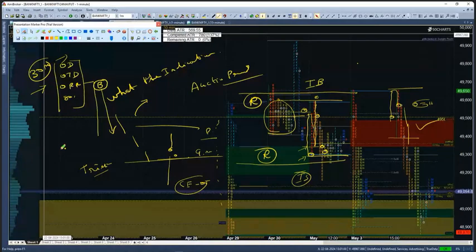So you mean to say that without any other tool like volume or anything, based only on market profile, you can identify the sideways market? Yes.